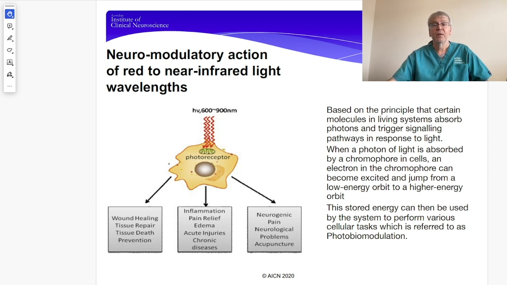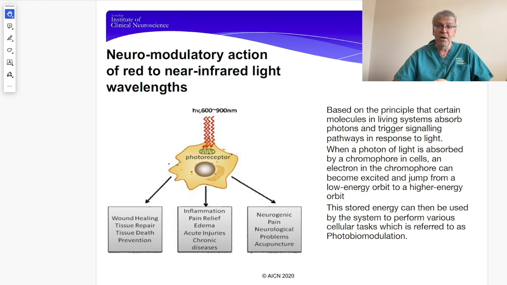Now, basically what happens in a very simple way is that the photons, remember we talked about photons and how in a laser the photons are coherent. And so the same photon, basically at the same speed, is arriving and they're triggering these signaling pathways. And the photon basically is absorbed by the chromophore.